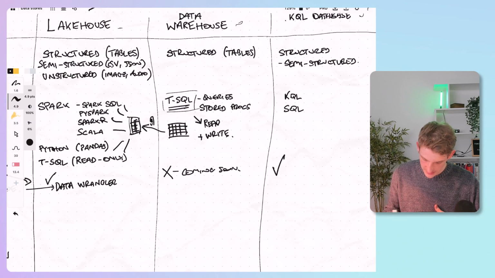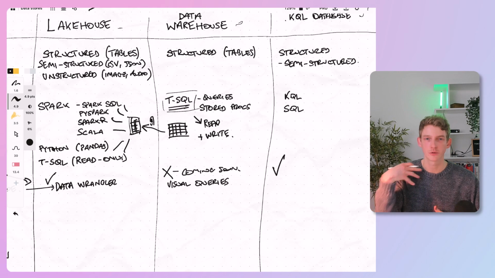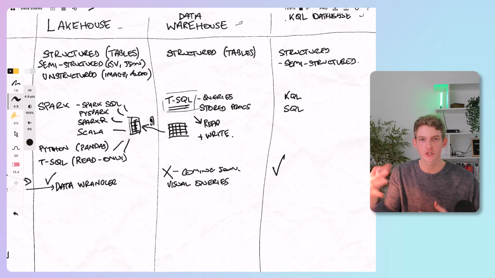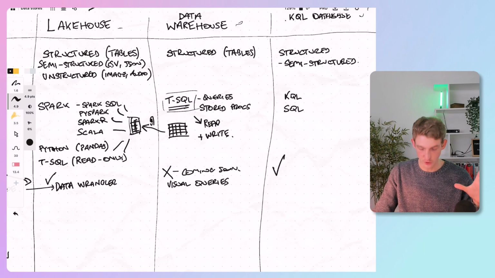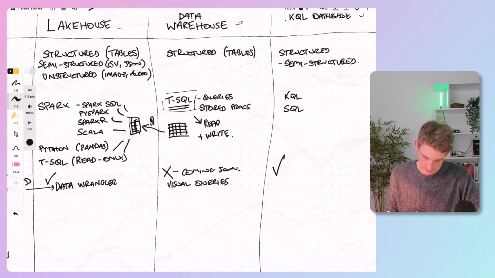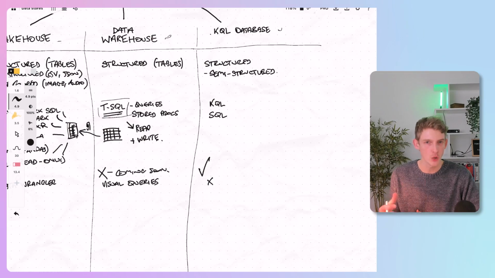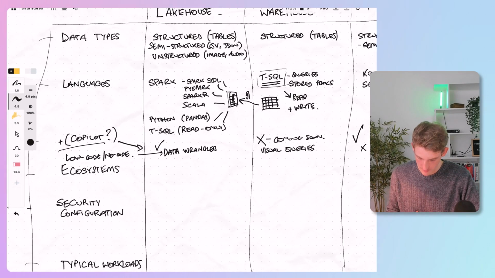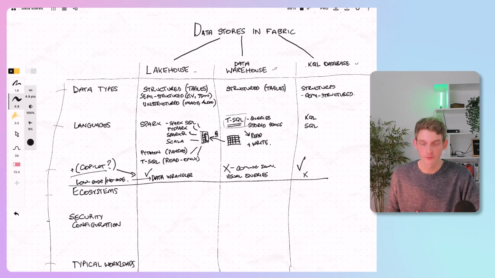In the data warehouse, we have visual queries. So this is where you can create a query just using a UI interface. So if you're not familiar with T-SQL, you can still build queries with that as well. And in the KQL database, I don't think there is anything that's low code and no code. I might be wrong with that, but I think currently there's no options for no or low code.